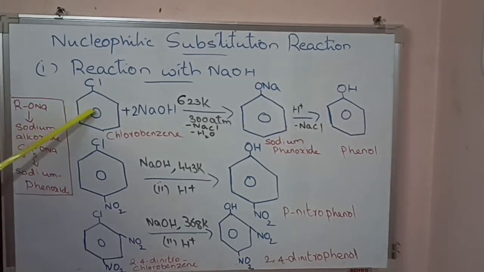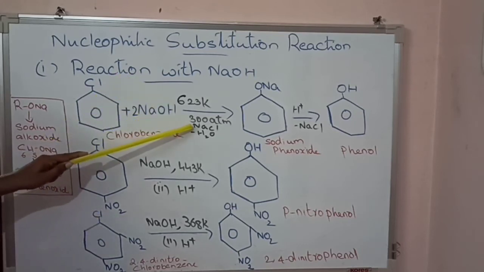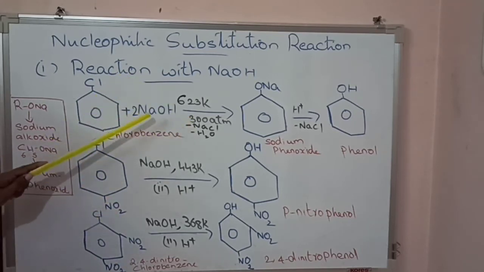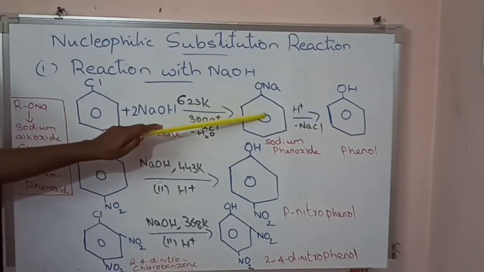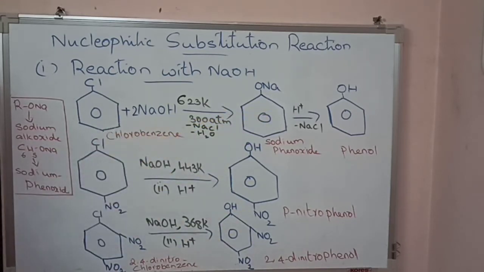So on treating chlorobenzene with aqueous NaOH, NaCl and water will be removed from there and form C6H5ONa, that is sodium phenoxide. Followed by the acidification of this sodium phenoxide, you will get phenol. Here you have to take 2 molecules of NaOH.